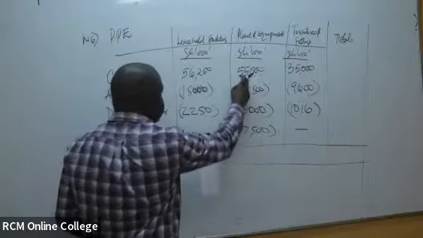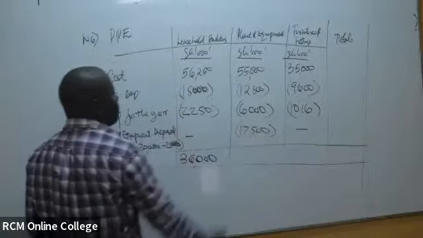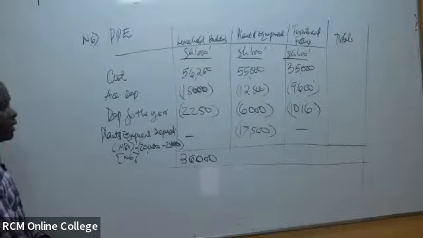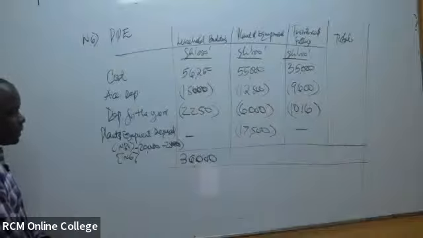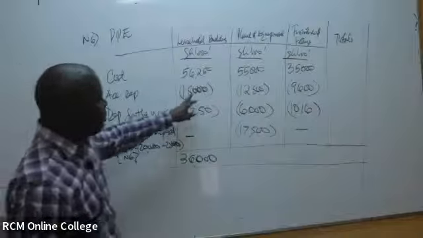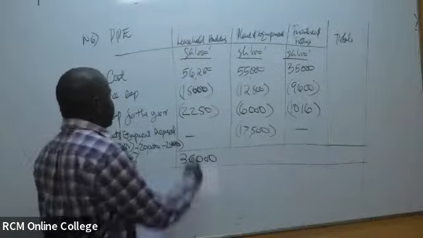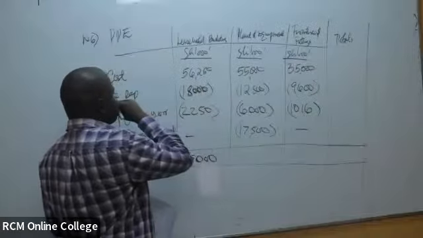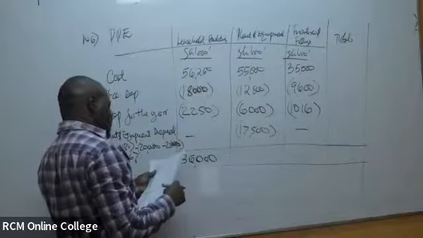What about this column? 55 minus 12.8 minus 6 minus 17.5. So you people are saying 39. So this one is 18. Some of you see it as 16, but this one is 18 million. So the accumulated depreciation is actually 18 million.